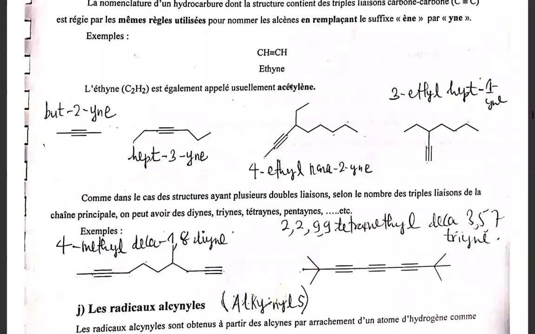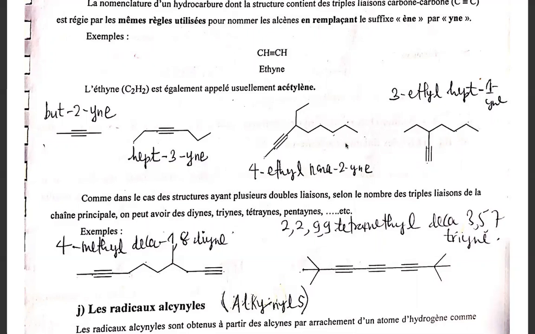Then example number 2. So example number 2, la chaîne principale, that is the one that contains the highest number of carbon atoms. So we are going to start counting either from our left or from there. So we say 1, 2, 3, 4, 5, 6, 7, 8, 9, or 1, 2, 3, 4, 5, 6.